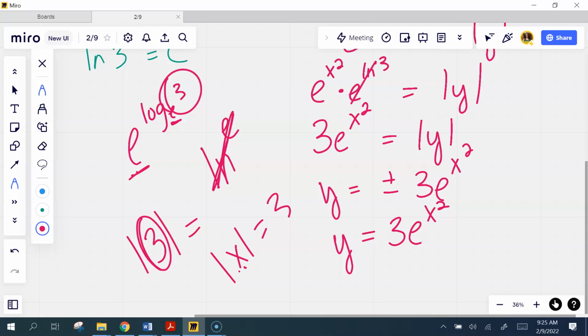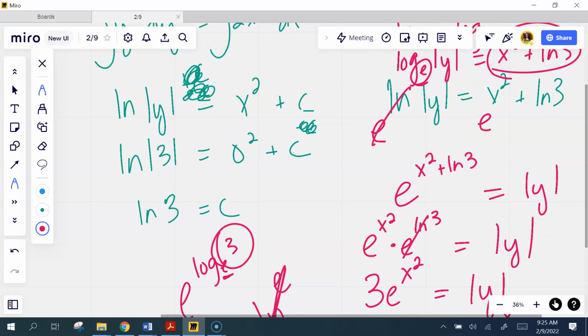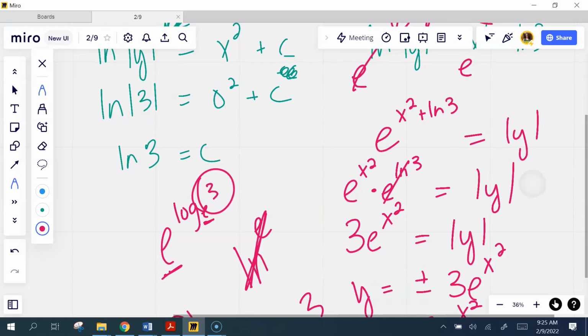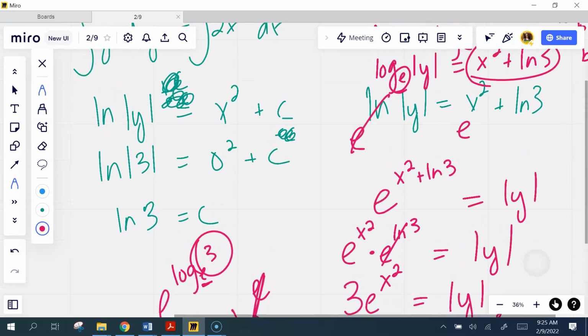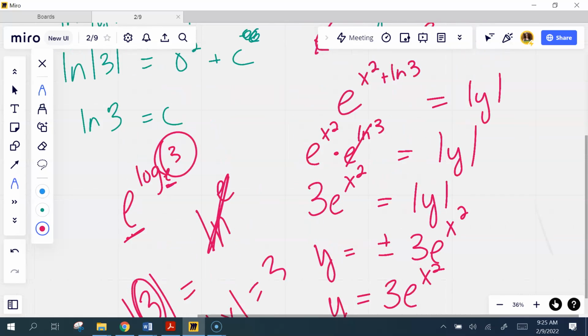If there were restrictions, you would have to decide if you need the positive. My y is never going to be able to be negative, because if the y is negative, that means this is negative, right?